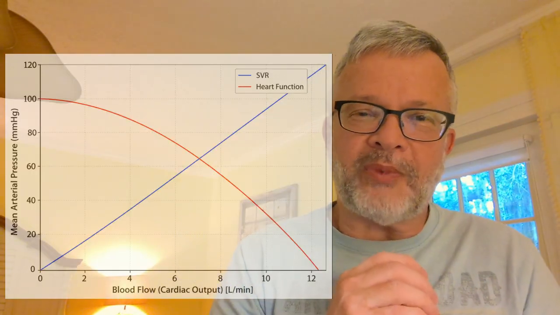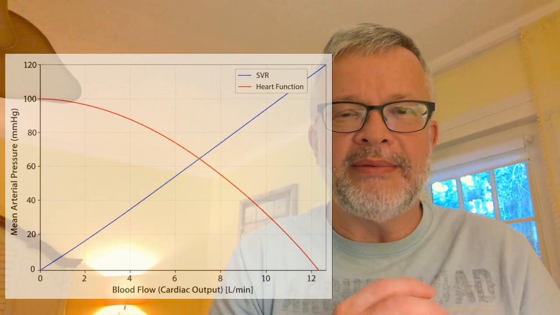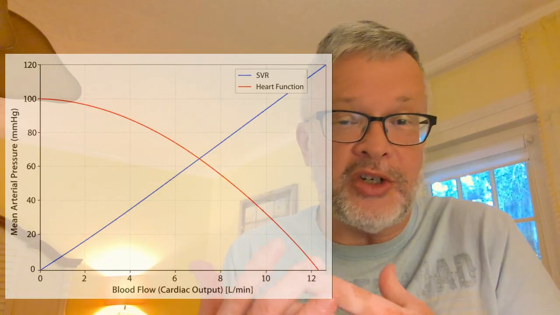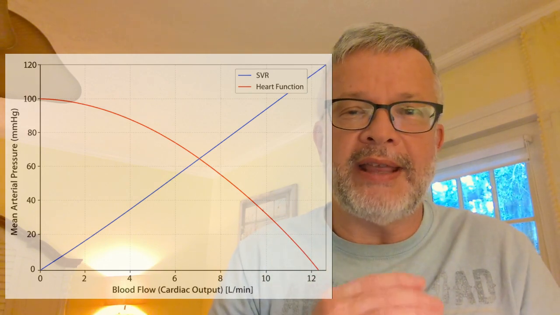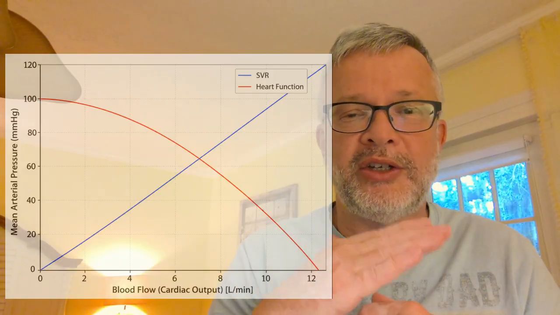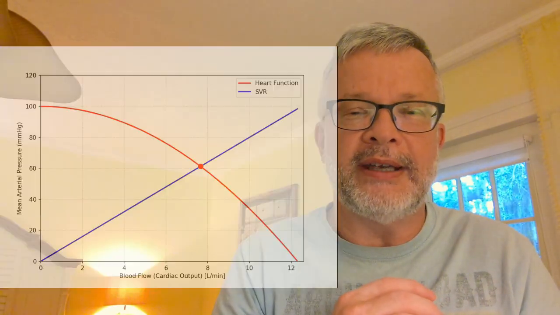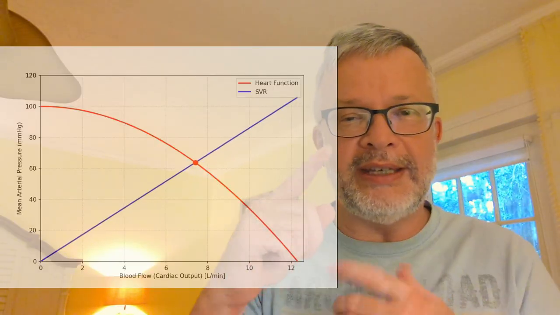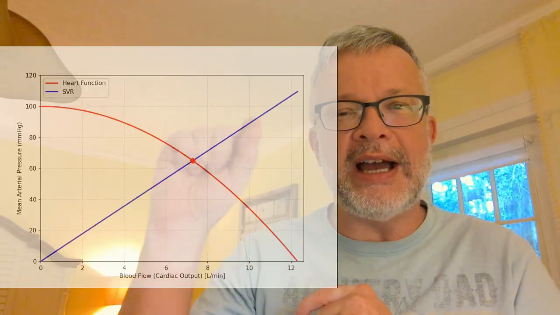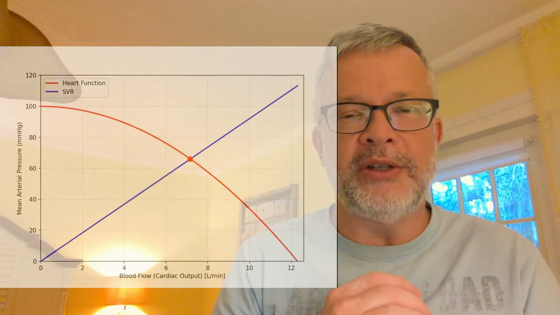Now, what happens if the systemic vascular resistance changes? Well, you see in this animation that as we change the systemic vascular resistance, the pressure and flow combination change because the intersection slides on the cardiac curve.